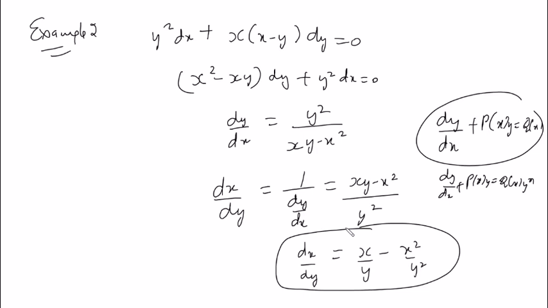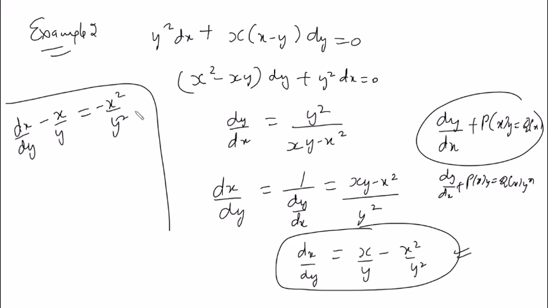Is it fine? Okay, so now I'm going to proceed from this point onwards. So this is dx by dy minus x by y is equal to minus x square by y square. I'm trying to relate with this one. So can you tell me the equivalent version? This is the Leibniz form, no doubt, which is in dy by dx. If we want a similar form in dx by dy, just swap the role of x and y. So you will have this type: dx by dy plus a function of y into x.